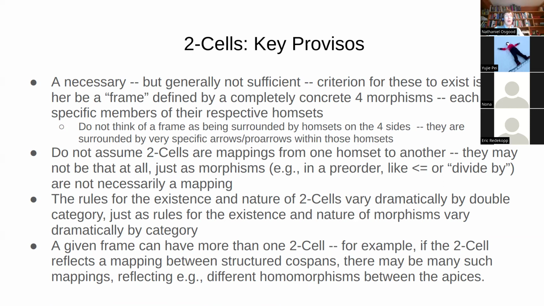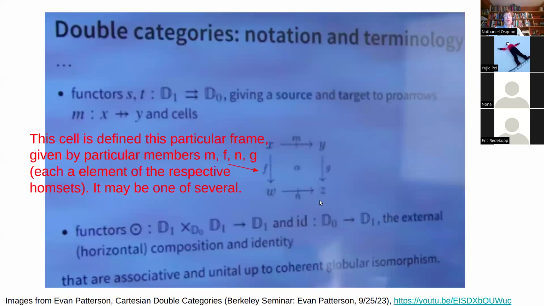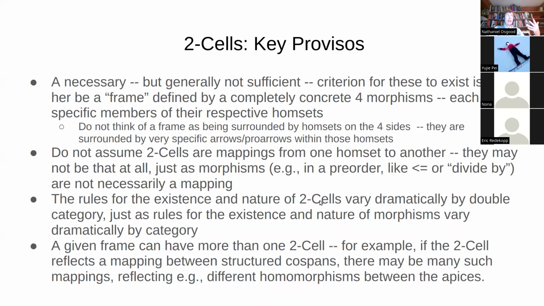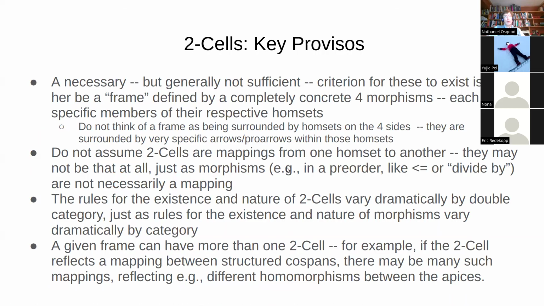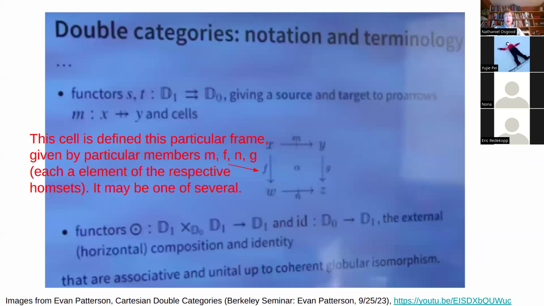And the rules for what a two cell means are very different between categories. Okay. And for a given frame, one of these could have more than one two cell. There could be more than one associated with the frame.